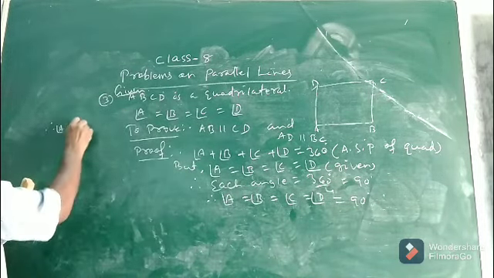So A plus B is 180 degrees, and they lie on the same side of transversal AB. Therefore AD is parallel to BC. This is one proof, you see.